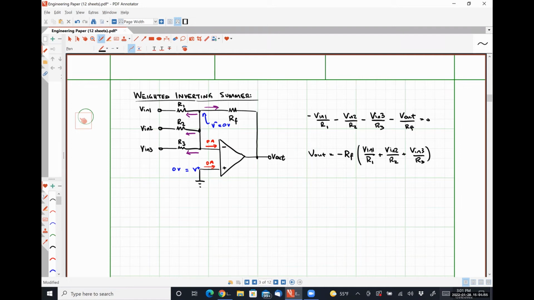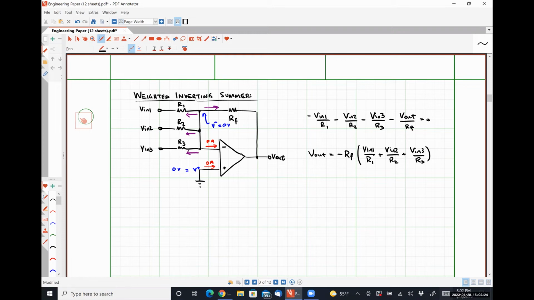So this is called a weighted inverting summer because, let's talk about the different parts here. It's weighted because each of the input signals is scaled by a different factor, right? So the VN1 term is scaled by a factor of negative RF over R1. The VN2 term is scaled by a factor of negative RF over R2. And the VN3 term is scaled by a factor of negative RF over R3.